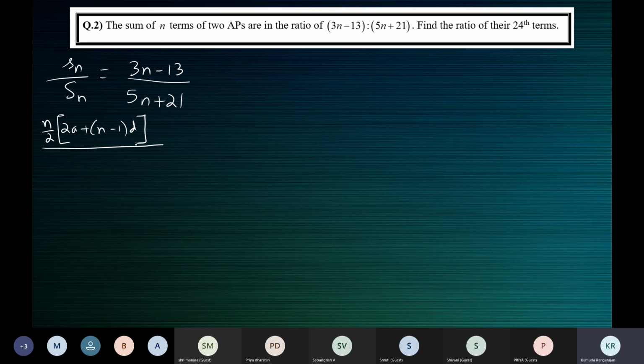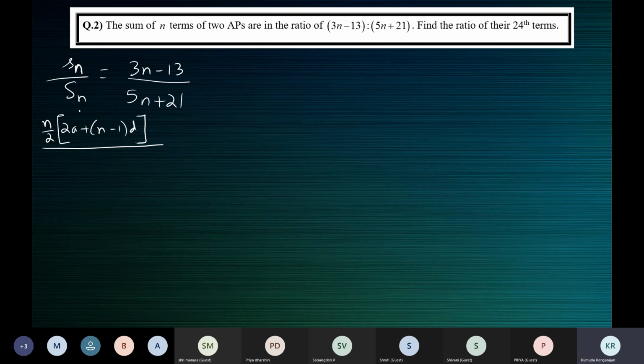And what about the denominator Sn? Capital N by 2. Oh, for both it is the sum of n terms only. You can see that n is the same in both.